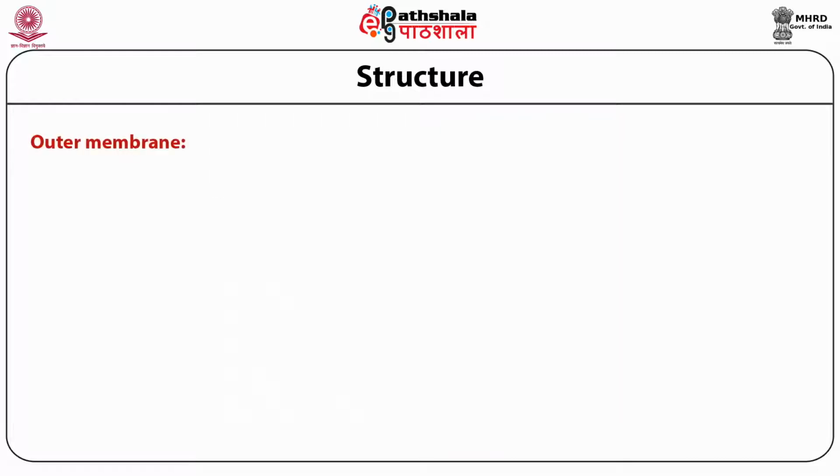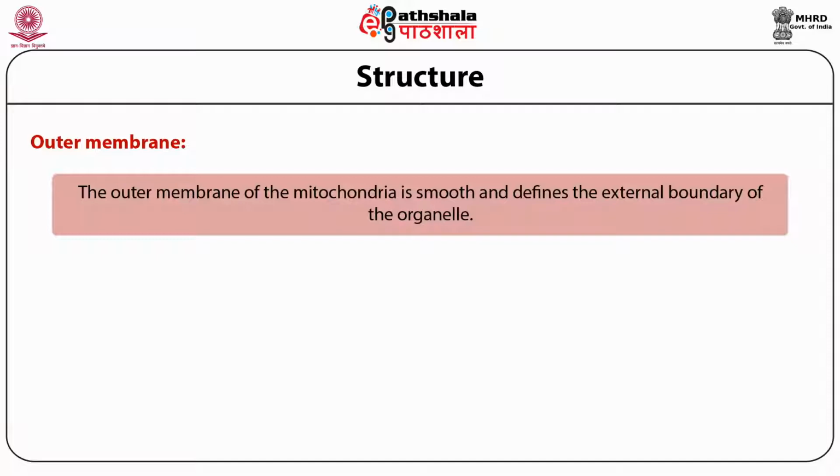Outer membrane. The outer membrane of the mitochondria is smooth and defines the external boundary of the organelle. Small molecules like sugars, salts, nucleotides, and coenzymes are able to penetrate through the outer membrane because of the presence of small pores called porins.